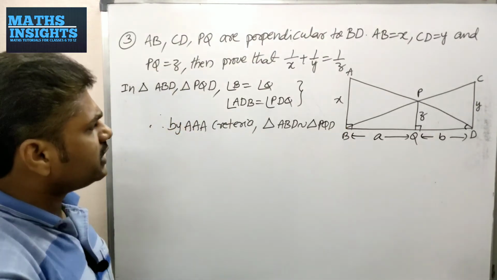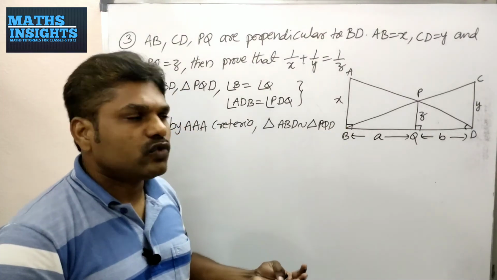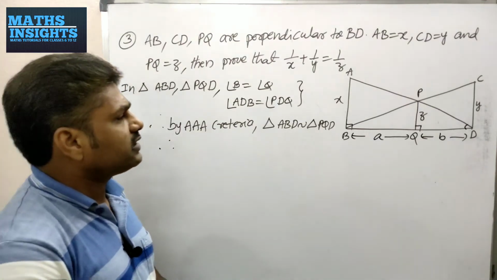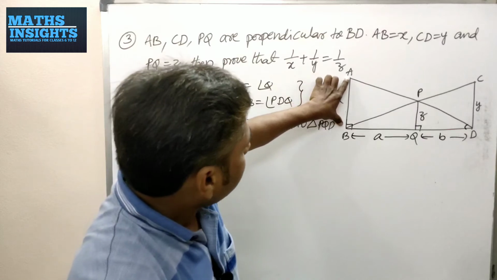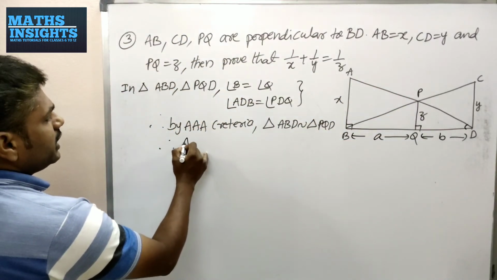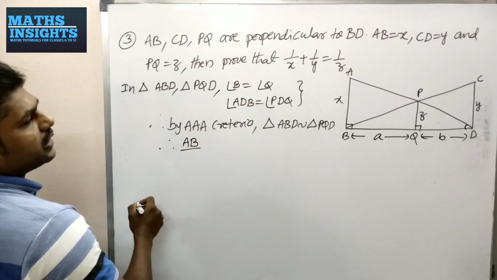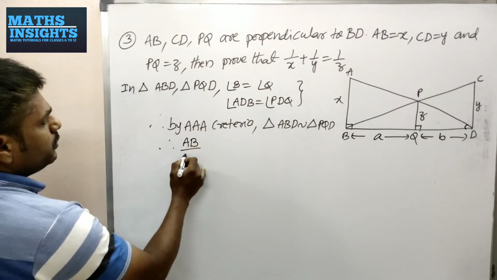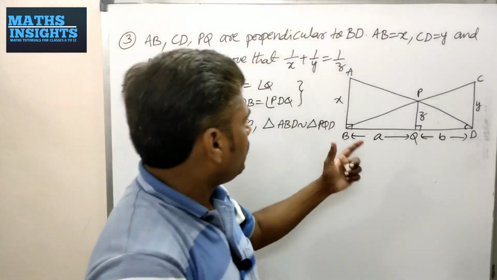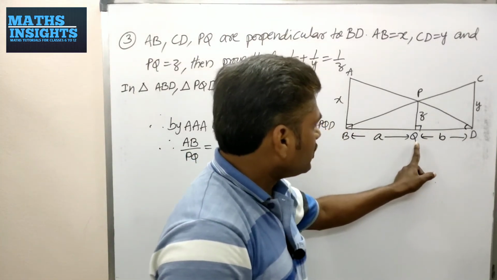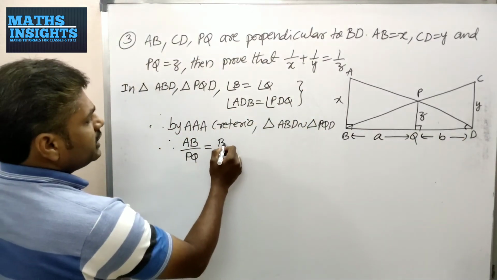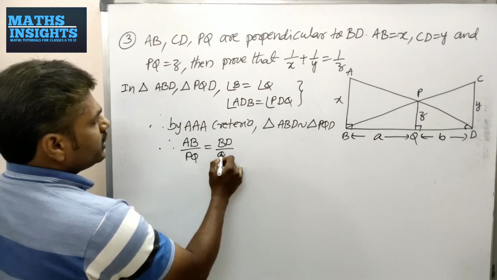Therefore we may use the results of similarity of two triangles. I will take the ratio of corresponding sides. For this side AB, the corresponding side will be PQ. Therefore AB by PQ is equal to BD by QD.